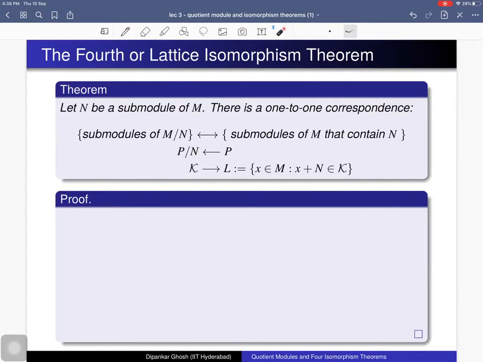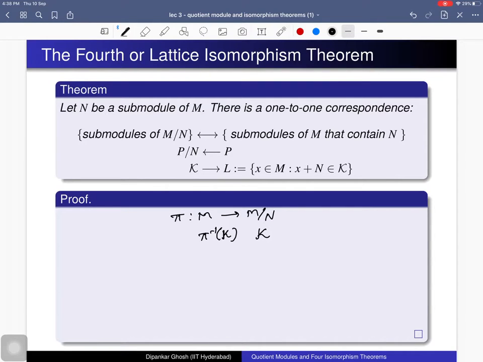So you start with a submodule K of M mod N, and now we want to define a submodule of M that contains N in the most natural way. So if you consider this natural projection map pi from M to M mod N, we are considering a submodule of M mod N, and now we can consider the pre-image of this submodule.